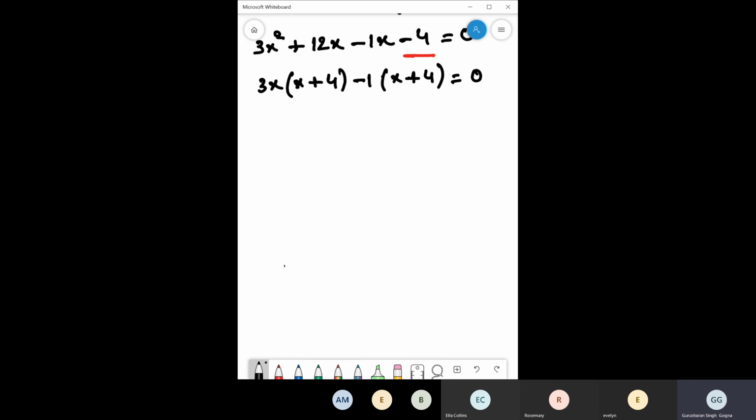So make sure you get the same bracket, x plus 4, like this. x plus 4 is common, so you are left with 3x minus 1 equals to 0.